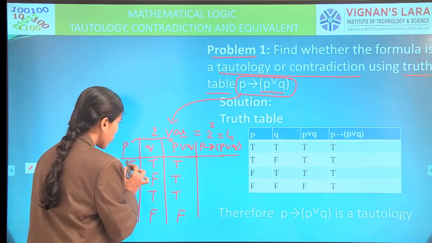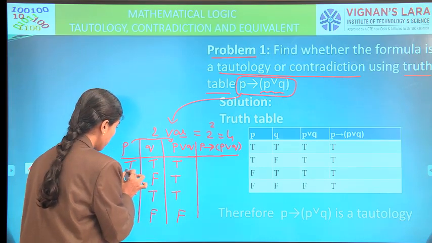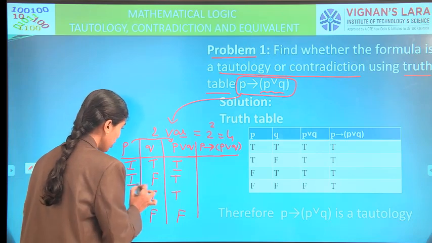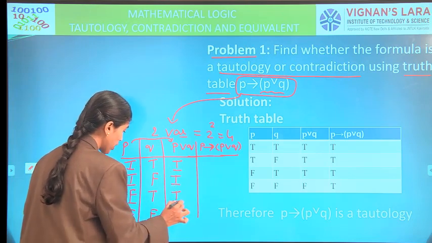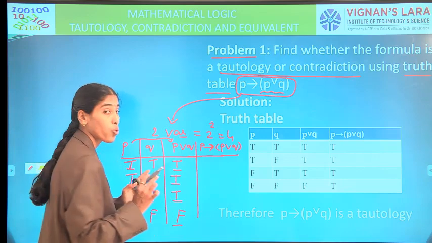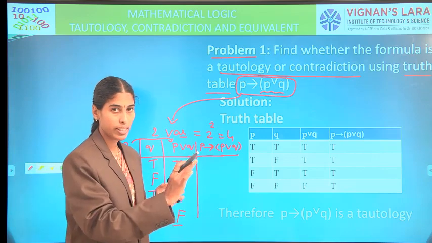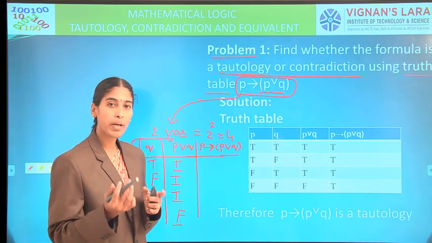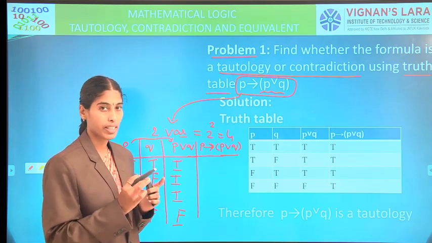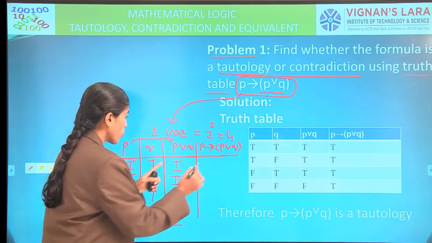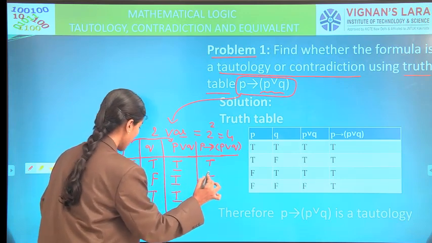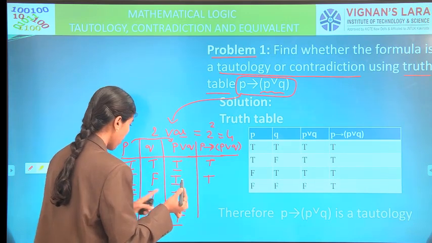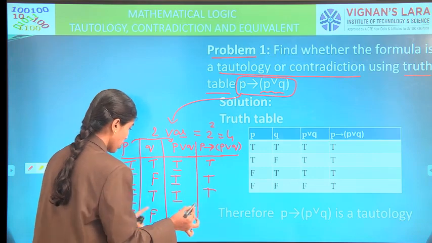If you observe the first and third columns, T to T, T to T, F to T, F to F. There is no such case where the first is T and the second is F. In all the remaining cases, the result is true. So T, T, T, T.